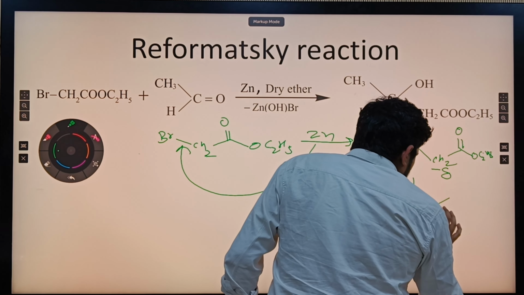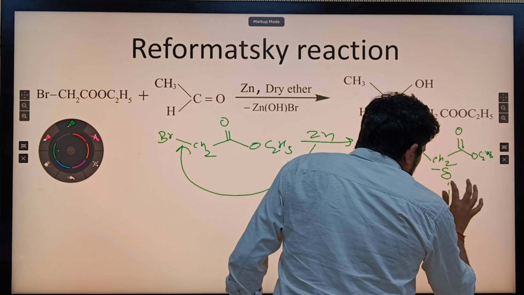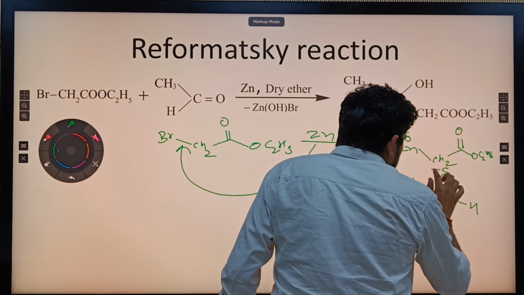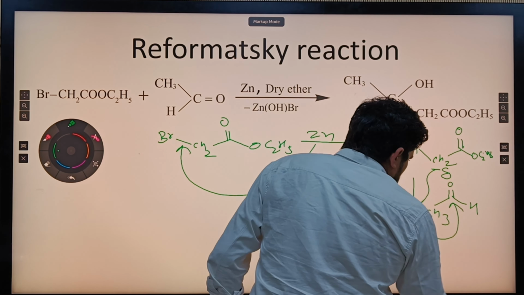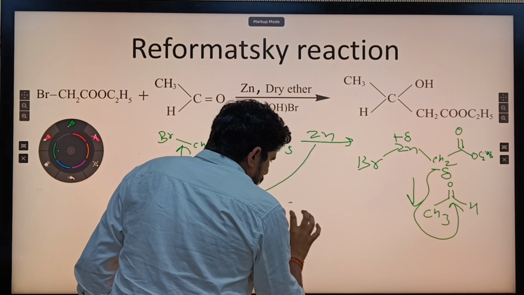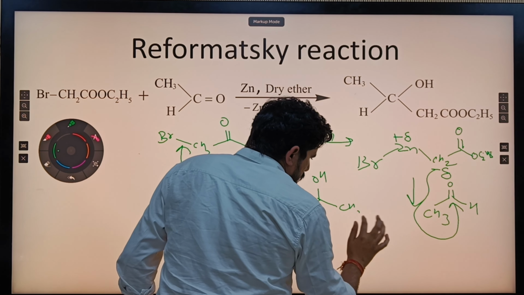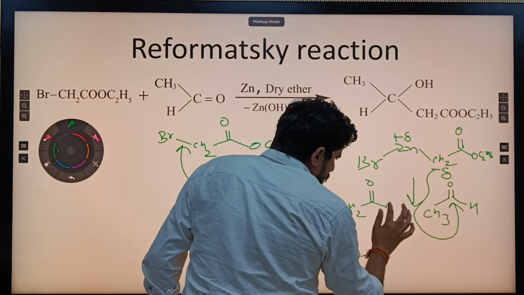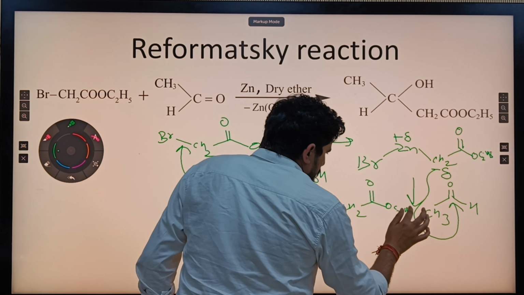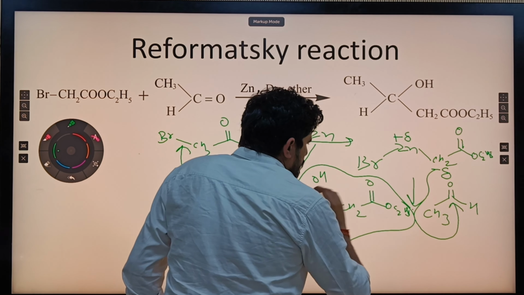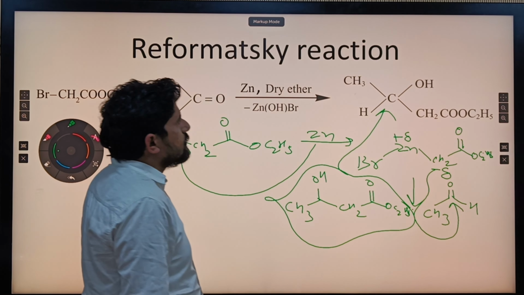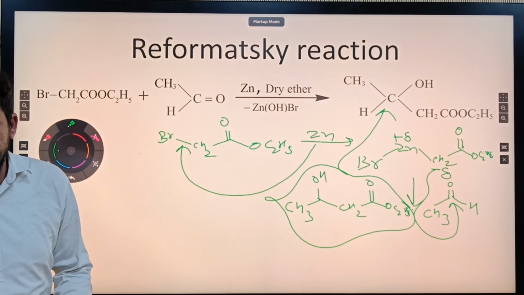We have an aldehyde in this reaction, and the negative charge of the CH2 group attacks on the carbonyl group, CH3, and we have this group CH2, oxygen, C2H5. We have a product like this. So this is a Reformatsky reaction.